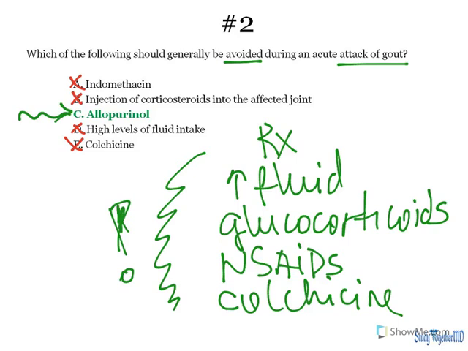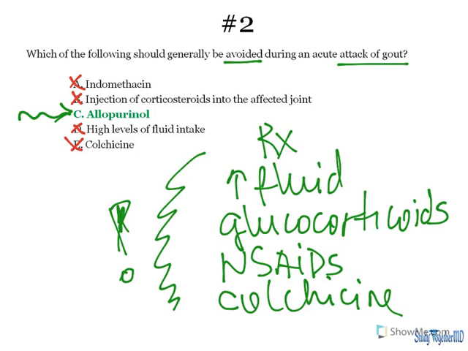Okay? So therapy to control the underlying hyperuricemia is contraindicated until the acute attack is controlled, unless the kidneys are at risk because of an unusually heavy uric acid load. So starting therapy to control the hyperuricemia during an acute attack may actually intensify and prolong the attack.